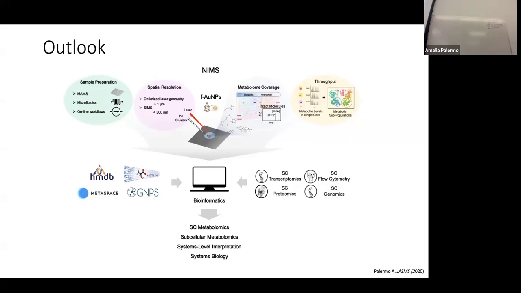There has been a couple of very good publications recently about the subcellular compartmentalization of metabolism and the organization of some metabolic pathways that historically were always thought to be more distributed in the cell. But now, by use of subcellular metabolomics with SIMS, they were able, for instance, to demonstrate that purine synthesis is actually arranged in structures that are called purinosomes.